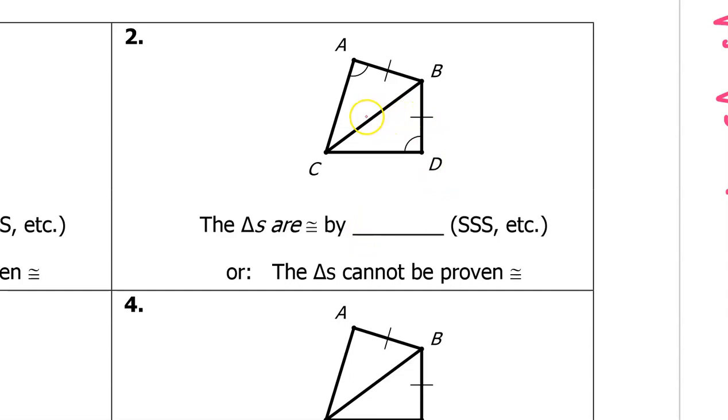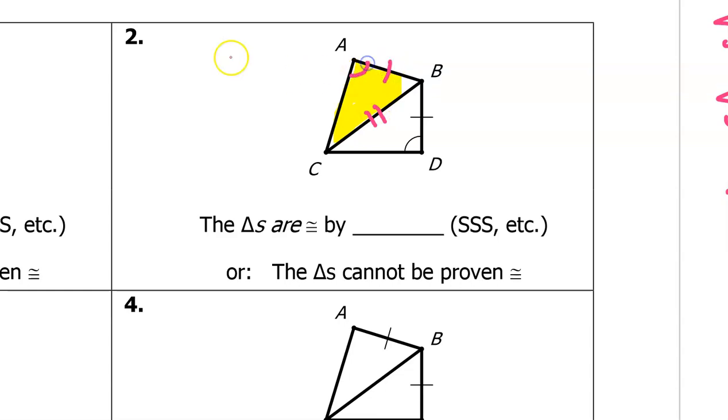Let's slide over to problem number 2. Let's go ahead and mark the shared side as being automatically congruent. Now focus your eyes on one triangle at a time. So let's just look at the yellow triangle. Looking at the yellow triangle, I see that we have two sides and an angle marked congruent.